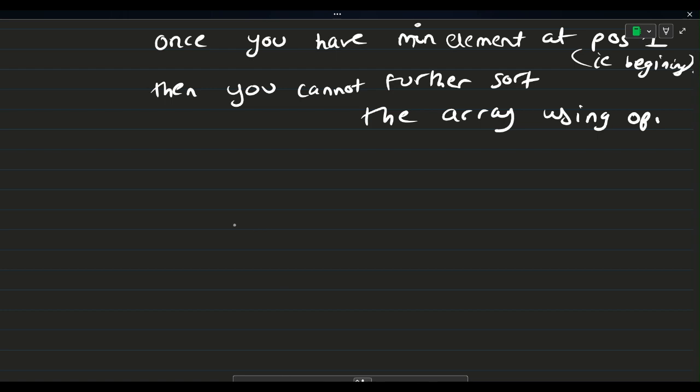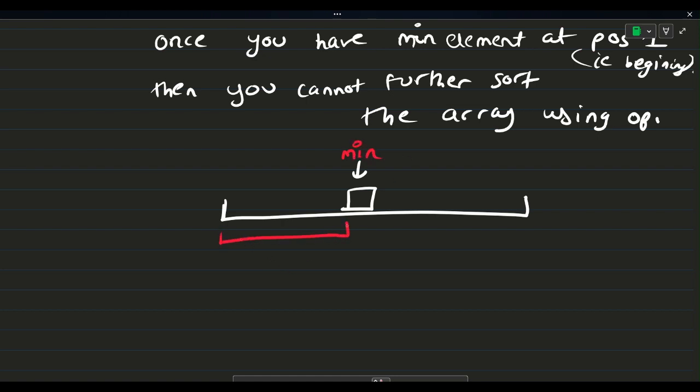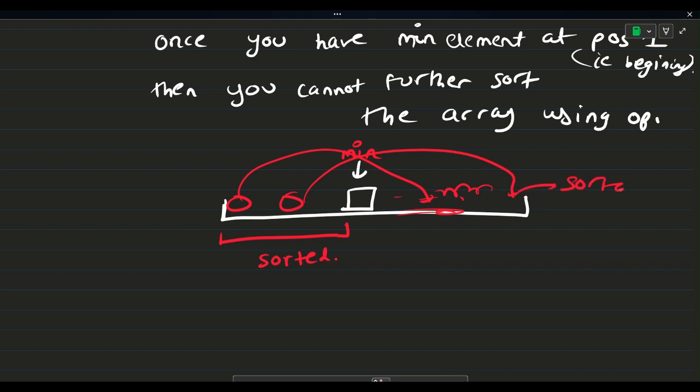What this would mean, let's say we had an array like this and we have our minimum element here. This is the minimum. The portion before the minimum would get sorted. Like this would be swapped here, and then get swapped, and it would get to its sorted position from here.